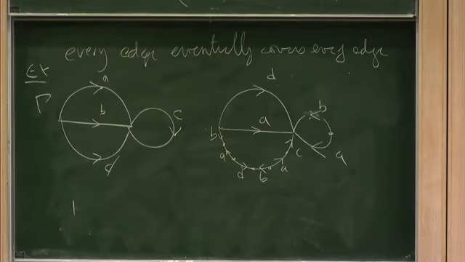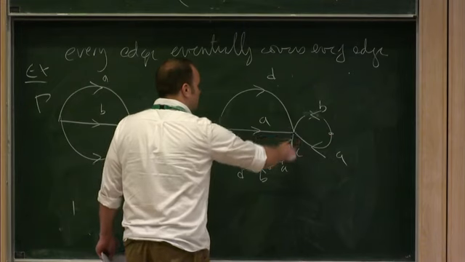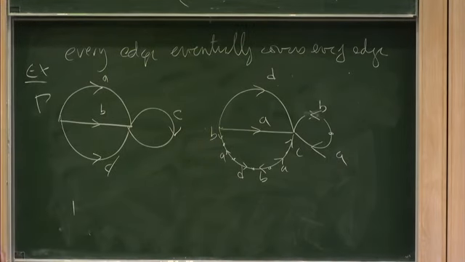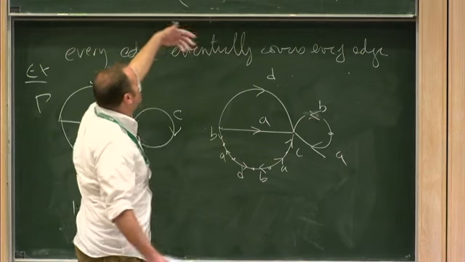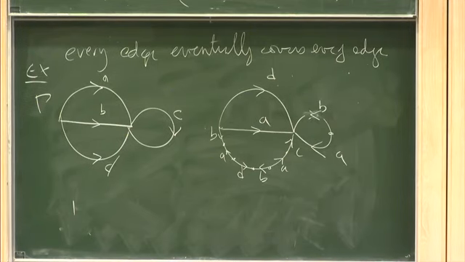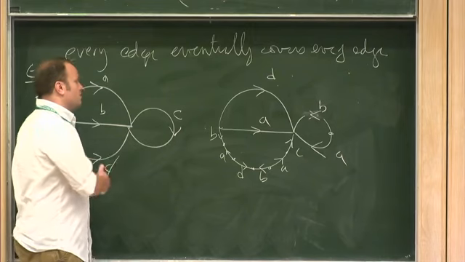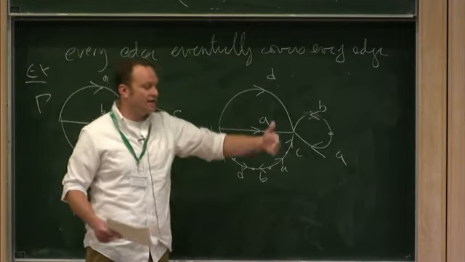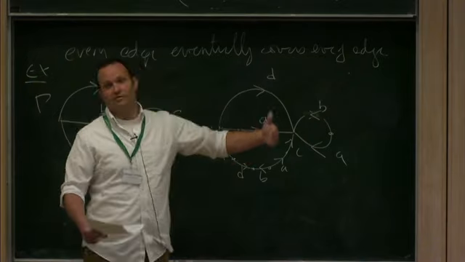Okay, so how do I get a map from this graph to itself? Well, I just send each one of these edges with the label to the corresponding edge over here with the label. And it might seem like this is a hard condition at first to check. How do you know that under all iterations you are locally injective? Well, the point is that if it fails to be locally injective, there's a last time that you iterate at which it fails to be locally injective, and then after that it's not.